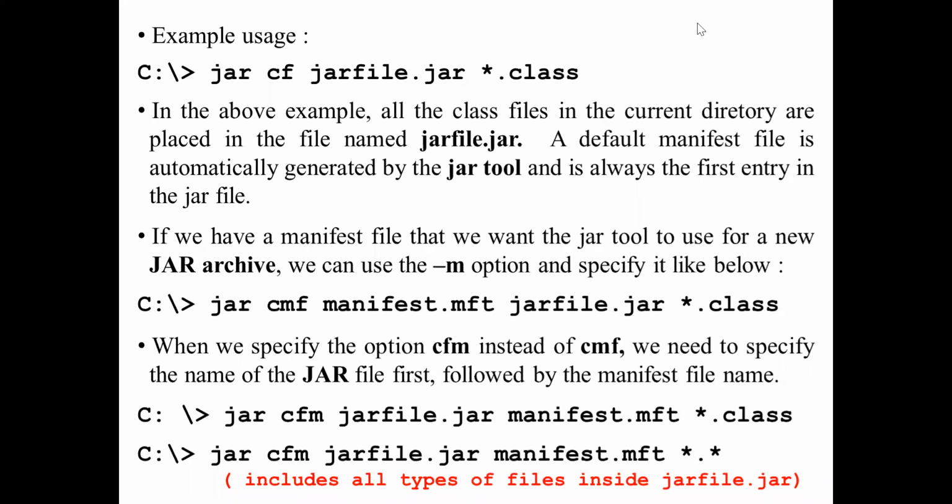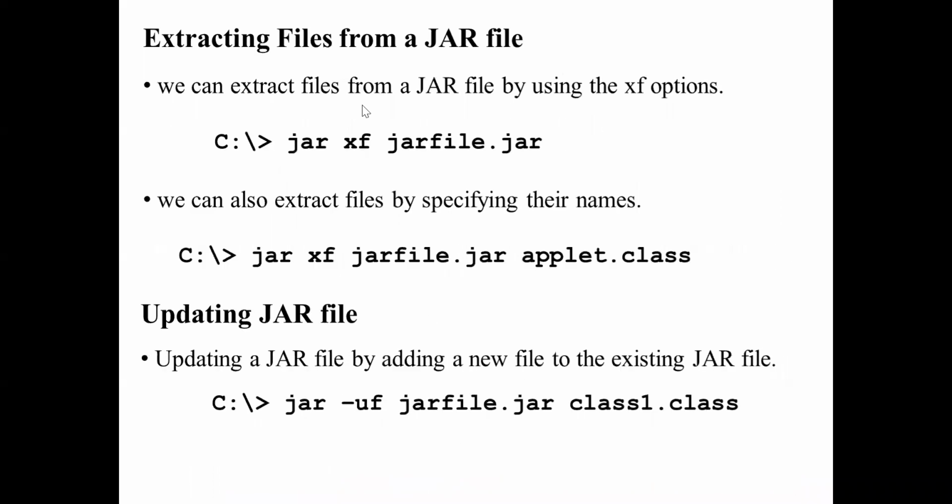Okay, next. There are other examples. How do we extract files from a jar file? We can extract files from a jar file by using the xf option. That is, jar xf jar file dot jar means we can extract the files from the jar file. We can also extract a file by specifying its name.